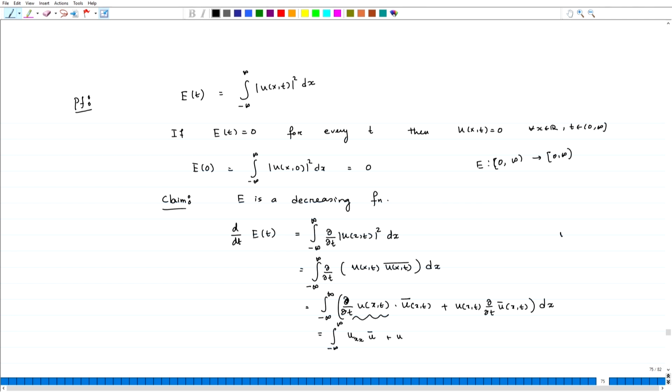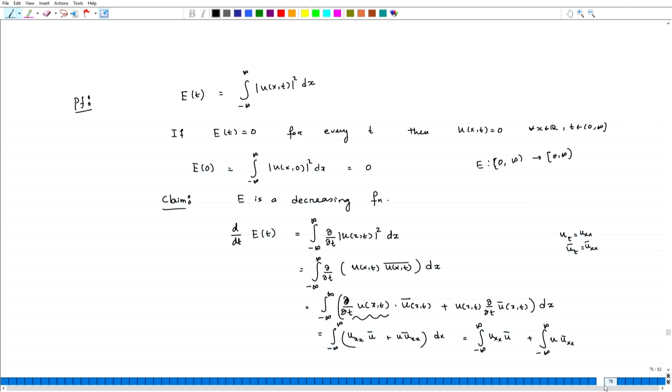Now, obviously, if u_t is equal to u_xx, then u-bar_t is equal to u_xx-bar. Therefore, this is u times u_xx-bar, dx. Now, in the first integral this is the integral of u_xx u-bar plus the integral of u u_xx-bar.